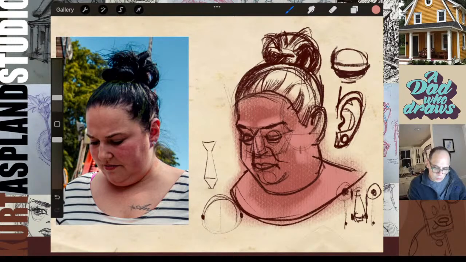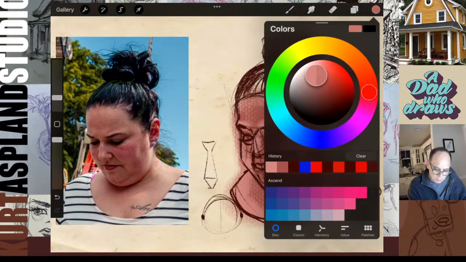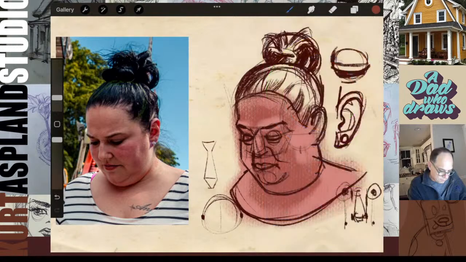All right, I'm going to switch over to a darker tone. And once again, I'm using those original construction areas to help tell me where some of the light is falling.